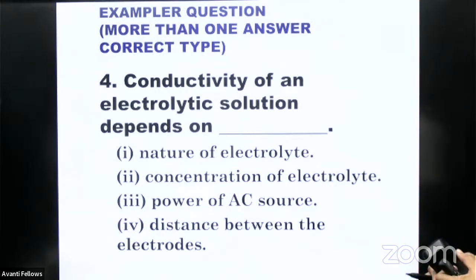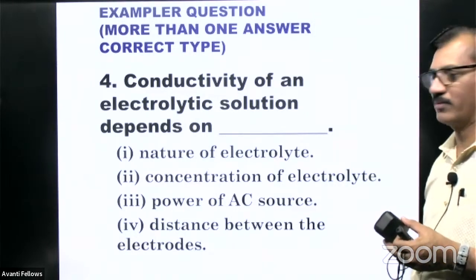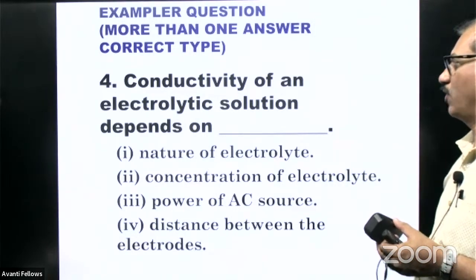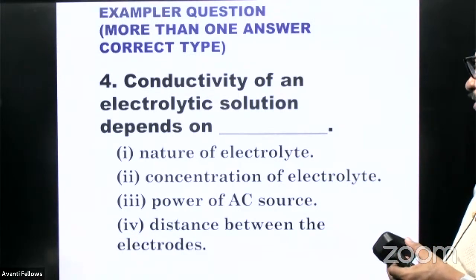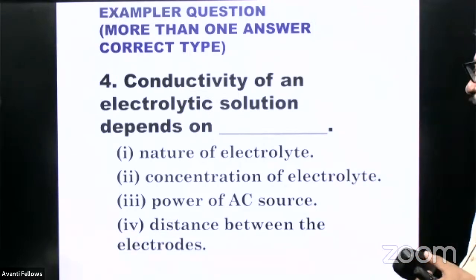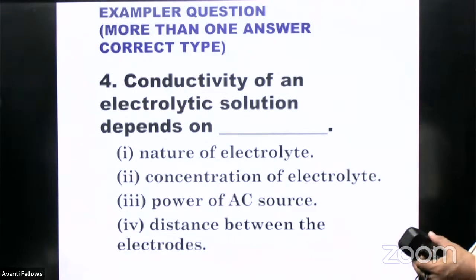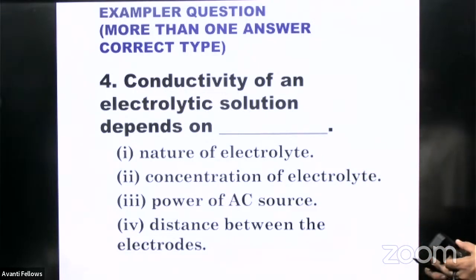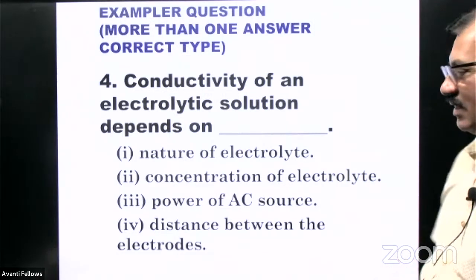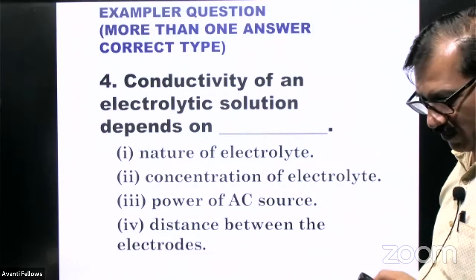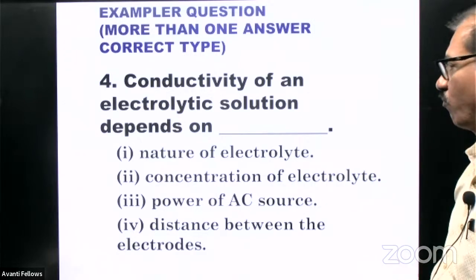Exemplar, more than one answer correct type. The conductivity of an electrolytic solution depends on: the nature of the electrolyte, the concentration of the electrolyte, the power of the AC source, the distance between the electrodes. Do the distance between electrodes and the power of the AC source affect it?